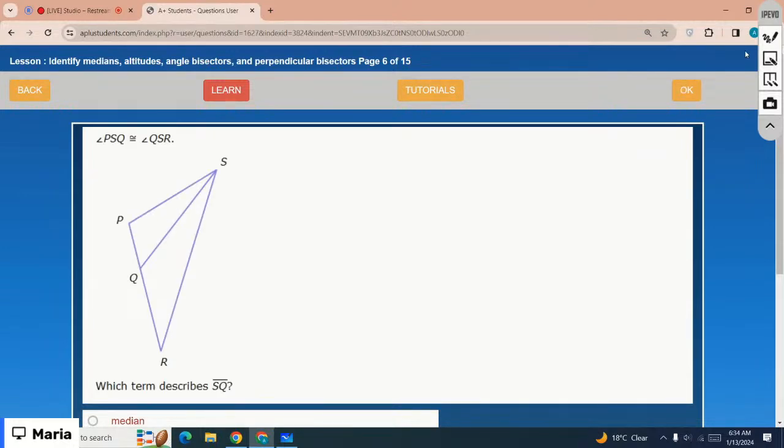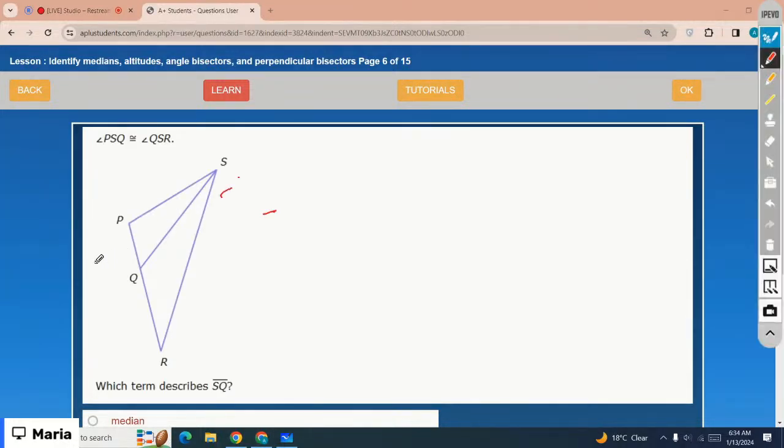Okay, angle PSQ and angle QSR are exactly equal angles, right? So which term describes SQ, which is the correct option?